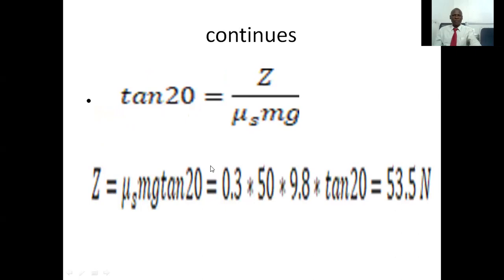And then you substitute the values. Remember, from the question, the coefficient of static friction was 0.3, and the mass of the book was 50 kilograms, multiplied by 9.8 newtons per kg times tan 20, which gives us 53.5 newtons. It means that we have found the value of Z.